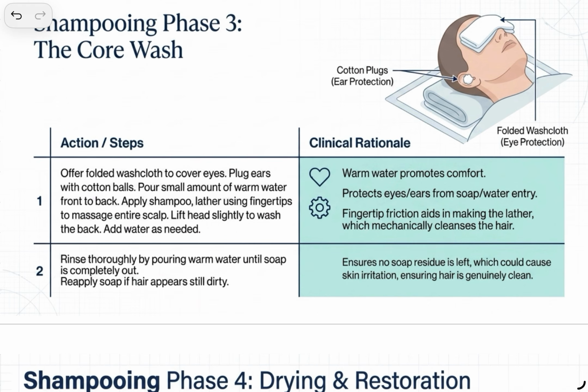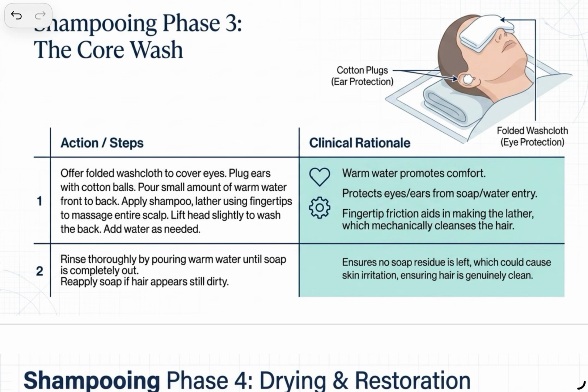And apply the shampoo and lather using the fingertips, from front to back we are doing. Now how will you wash the back of the hair? You need to lift the head of the patient and lather with the fingertips.